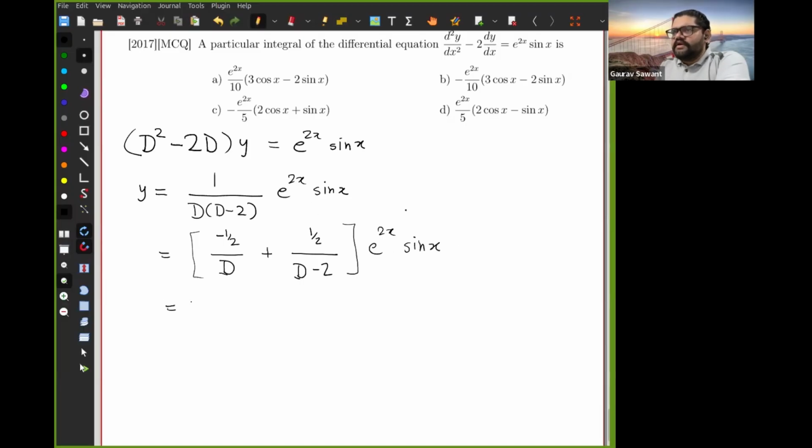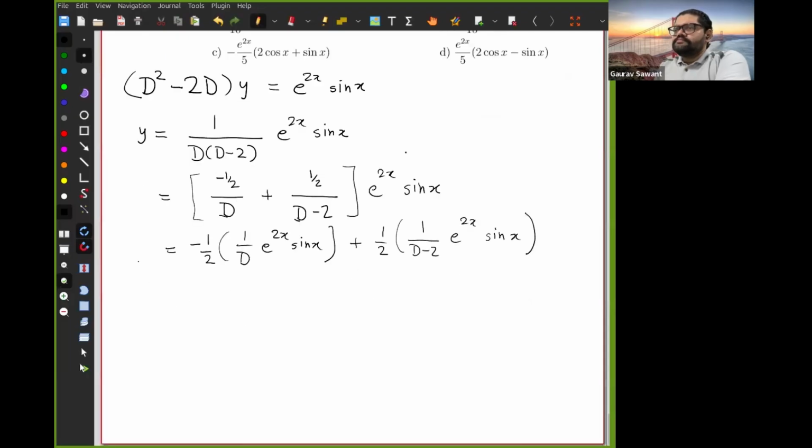And then this breaks down into minus half 1 over D acting on e power 2x sin x, and then plus half of 1 over (D minus 2) acting. Minus half will remain, and 1 over D just corresponds to integration of e power 2x sin x dx.